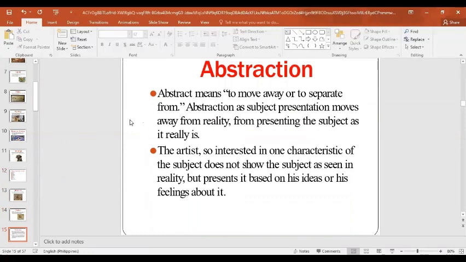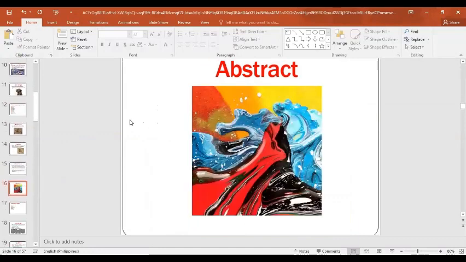So, artists present the subject in no way as an objective fact pa rin naman, but just his ideas or his feelings. Kumbaga, ine-exaggerate natin. Kung ano yung nasa mood natin na gusto mong ilabas sa art piece na yun yung ginagawa mo. Okay? An example ng isang abstract we have here.